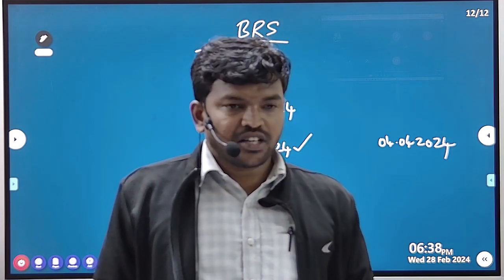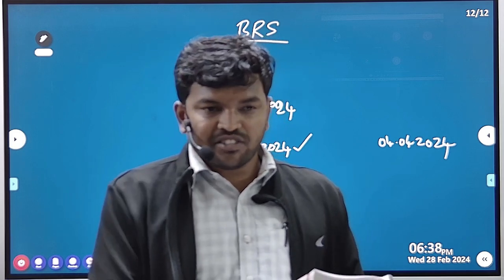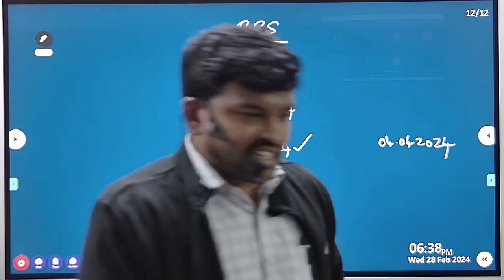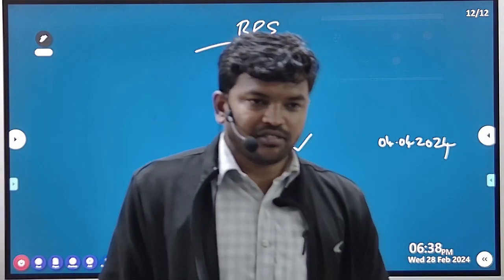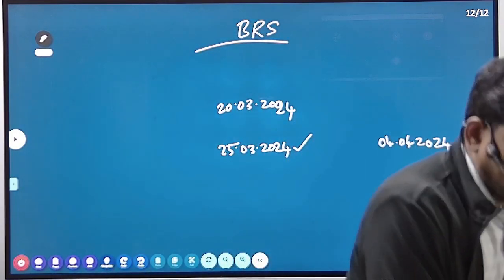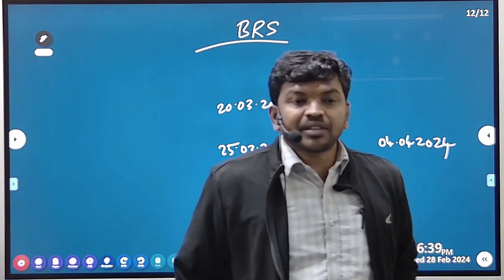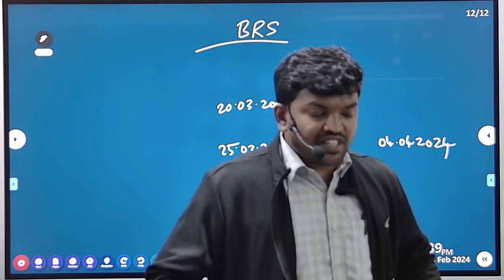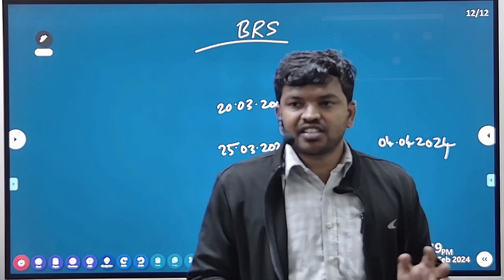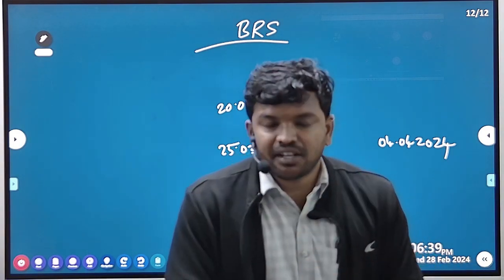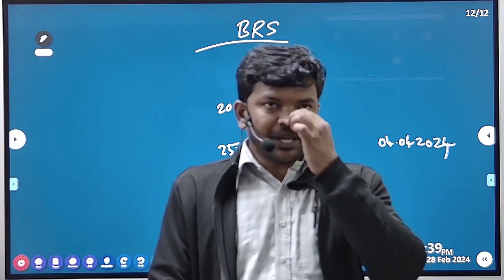Dishonor of check: a check was deposited and it got dishonored, so a reversal entry has to be passed. When the check was deposited, we passed bank account debit to cash account; on dishonor, cash account debit to bank account. So if there is a delay in this intimation, if there is a time gap between recording the transactions, then there will be a disagreement in the bank balance and the balance in our books. So you need to prepare this BRS.